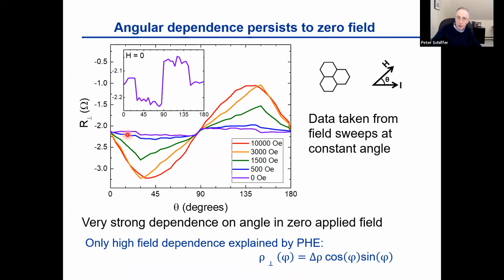But if you just take the zero field value of the transverse resistance, you actually get a noticeable angular dependence that has symmetry. You see, it happens at 90 degrees very clearly here, and comes over again at, I guess, 135 degrees. It falls back down again. So very interesting things happen.